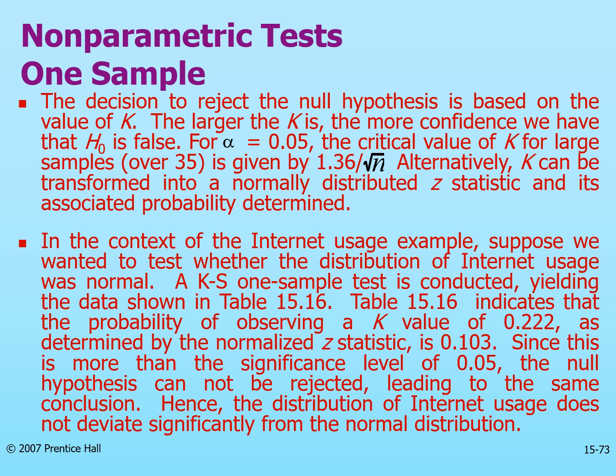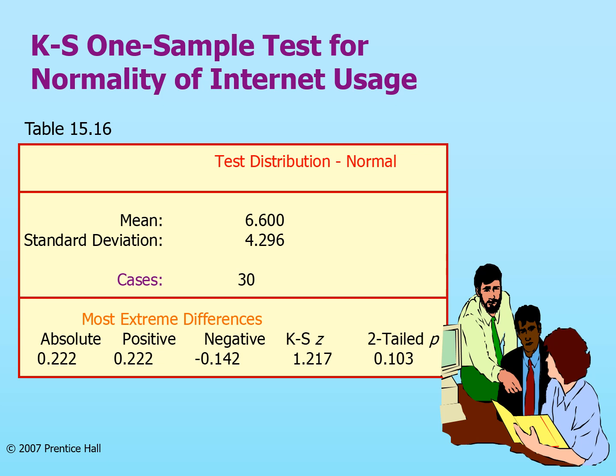This type of test is sometimes required when there is a funding proposal for a project, or the Government of India or the UGC is providing funding, and then comparisons have to be done between the parametric and non-parametric tests. So here the mean is 6.6, standard deviation 4.296, cases are 30, 15 men, 15 women.